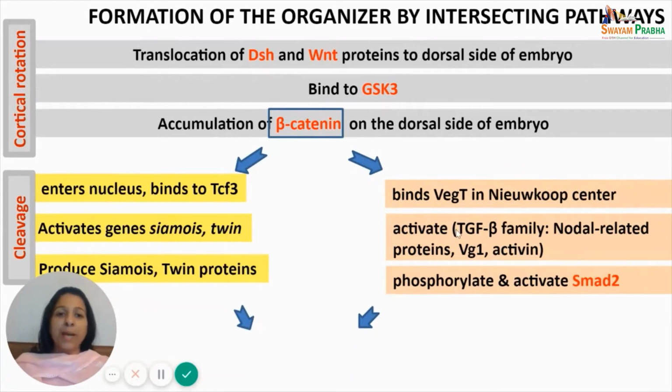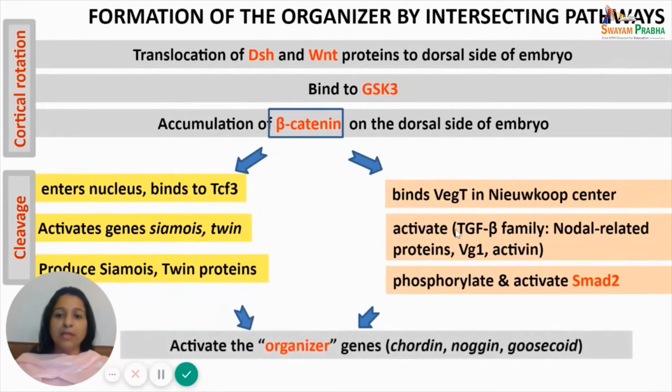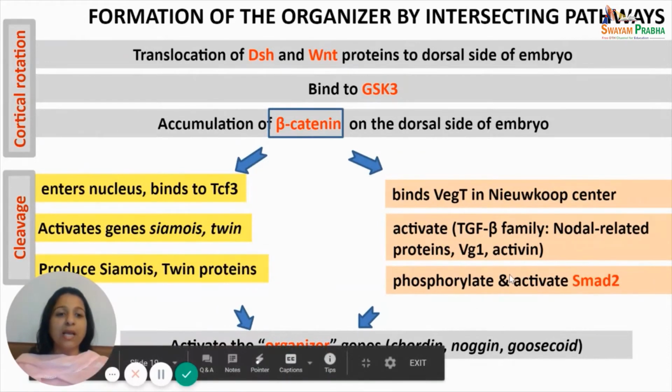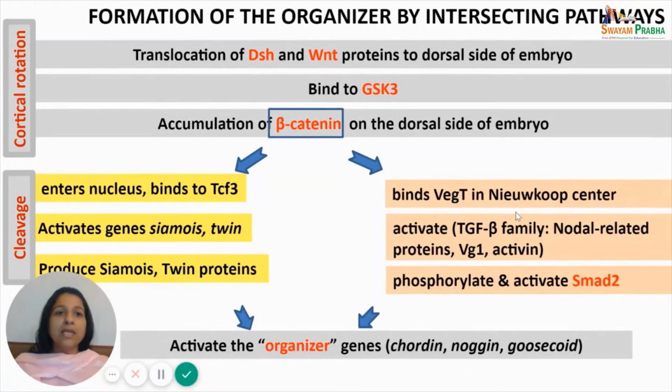Now, both these pathways ultimately help in activating the organizer genes, that is the chordin, noggin, and goosecoid proteins. So ultimately, it is the intersecting pathways of both sides which help in activating the organizer and help in the formation of the dorsal mesoderm. The first pathway we can say is the Wnt beta-catenin pathway, which activates genes encoding the Siamois and Twin transcription factors.